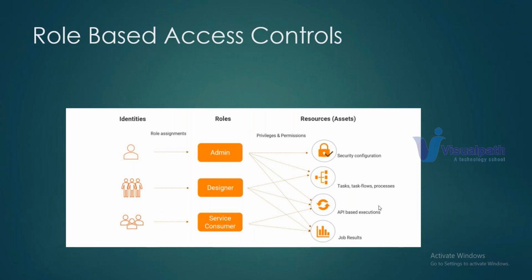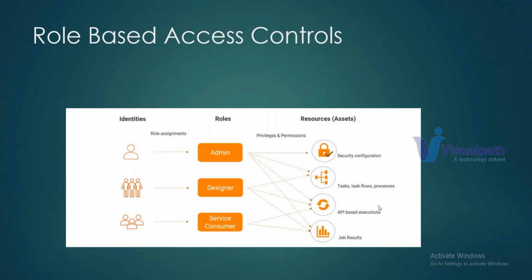You may be working on production support, or just monitoring your jobs. You may be working on development. But as an admin, let's say the admin will have super user access. He can do everything. He can configure the security. He can run the task, run the task flows, and execute a process. We can have API-based executions. I'll tell you about API later, and you can even monitor job results.